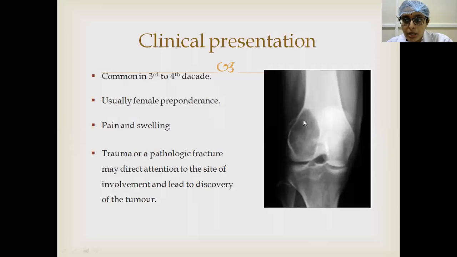And because you may have a case of GCT in your exam, or sometimes even X-rays can be kept, please note the radiological features. They are eccentric, expanding the cortex, epiphyseometaphyseal in location, and extending up to the subchondral bone. So these are the radiological features. Most common sites are distal femur, proximal tibia, and distal radius.